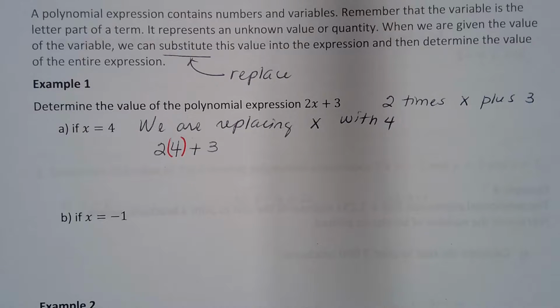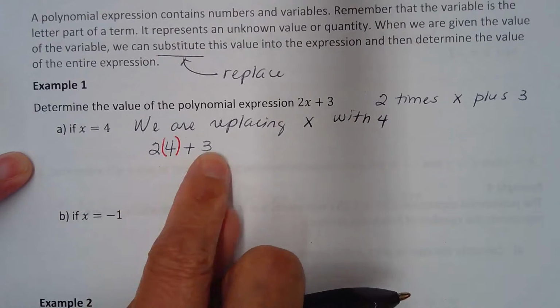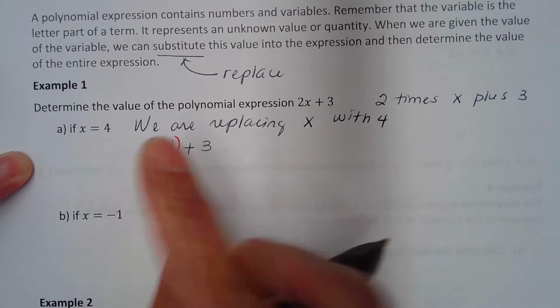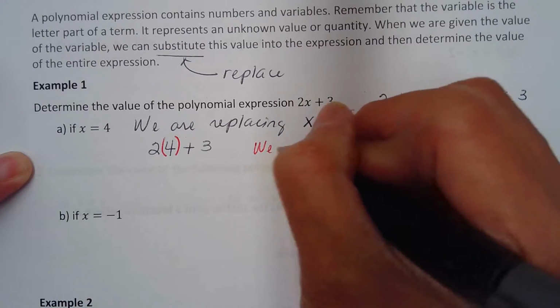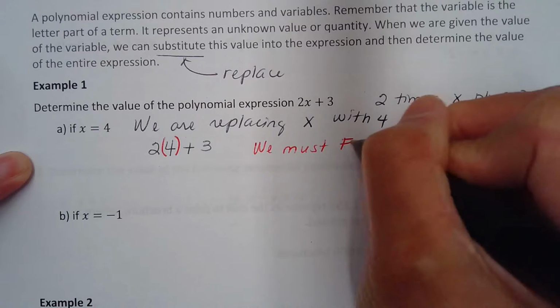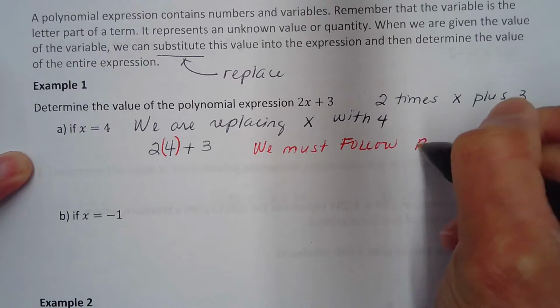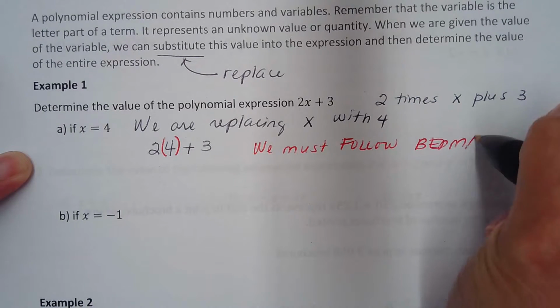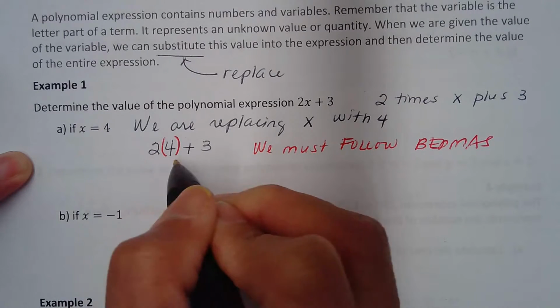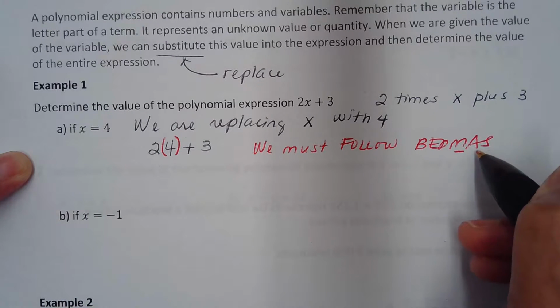Because of bad math. What math? BEDMAS. BEDMAS. We talked about that before. We had to follow a certain rule, orders of operation. So with this, what operation do I do first? Multiplication. We must follow BEDMAS, and that's why we talked about this at the beginning. Multiply first before we add.